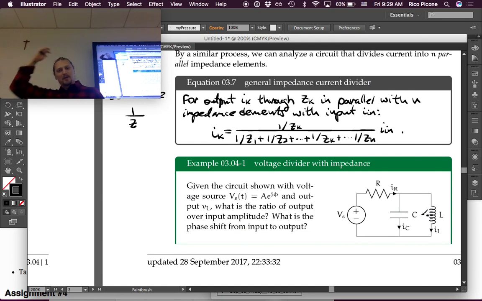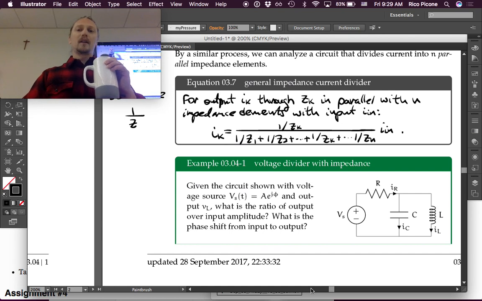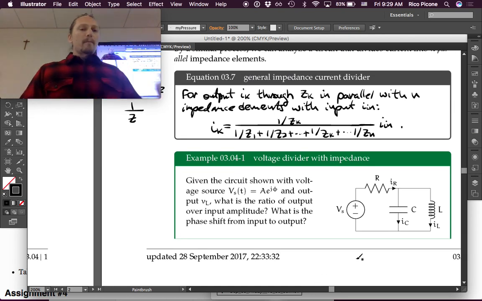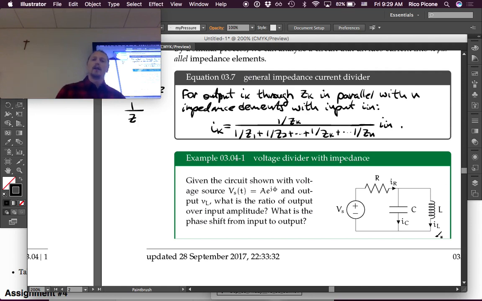So we have an example. Voltage divider with impedance. Given this circuit with a phasor form of our sinusoidal voltage source, Vs, and output the voltage across the inductor, VL, what is the ratio of output over input amplitude?